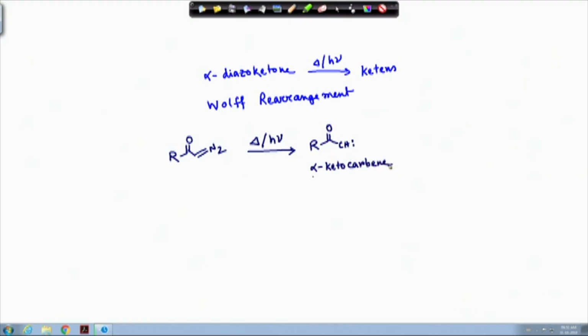Now, if we have this alpha ketocarbene, the rearrangement can happen. And if this rearrangement happens, it will give you the corresponding ketene.